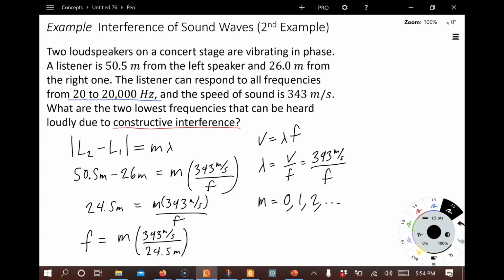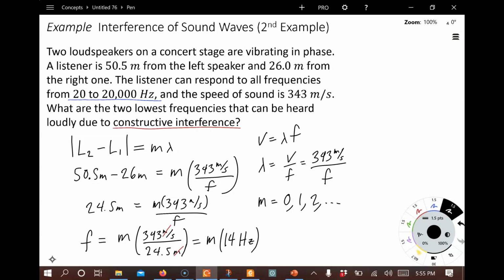This will, of course, give us frequency because we cancel the meters out. Let's just calculate that. 343 divided by 24.5, and we get a value of 14. So it looks like f is given by m times 14 per second, or 14 hertz. That's 1 per second, right?